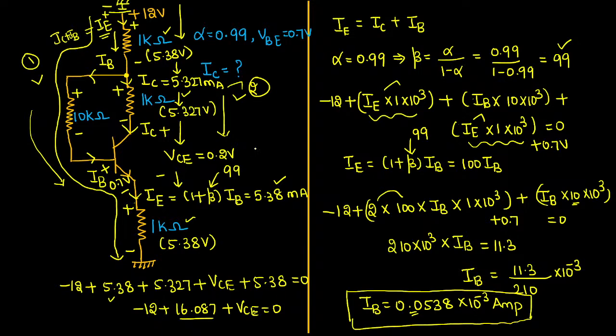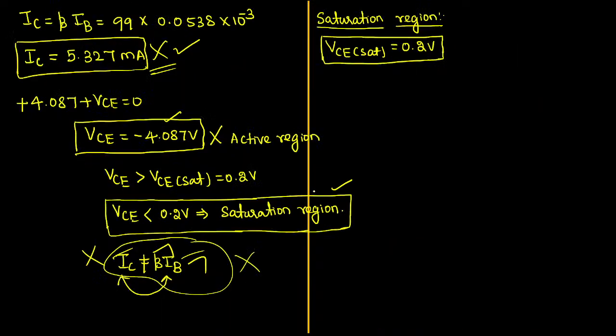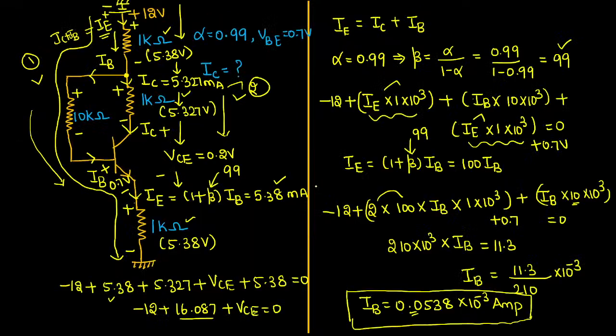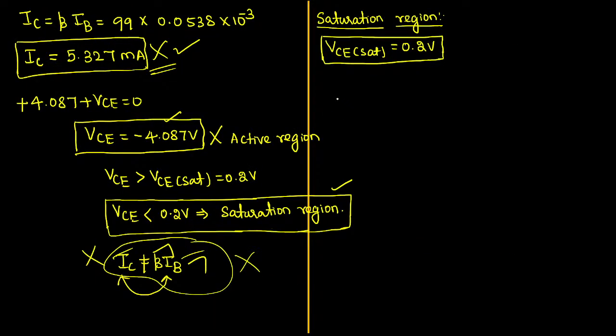Shall I write it? It's better, I can write it myself so that we can avoid confusion. See, if you apply KVL for this loop, what will you get? A 1 kilo ohm resistor, a 10 kilo ohm resistor, a 1 kilo ohm resistor. So the equation will become minus 12 volt plus emitter current IE into 1 kilo ohm, 1 kilo means 10 power 3. Then in the base we have a 10 kilo ohm resistor, so base current into 10 kilo ohm, 10 into 10 power 3, plus base to emitter.